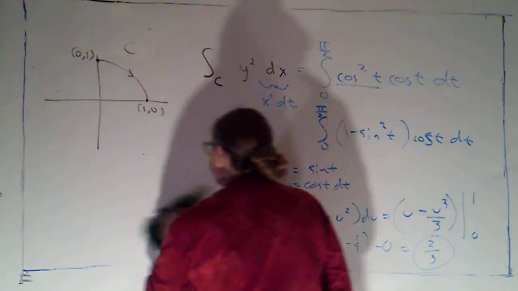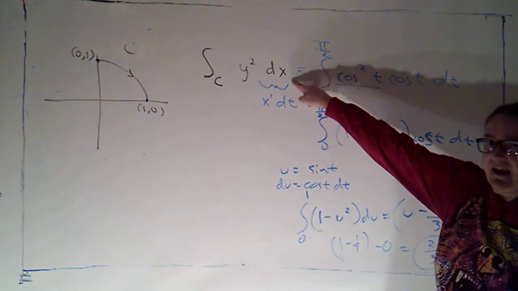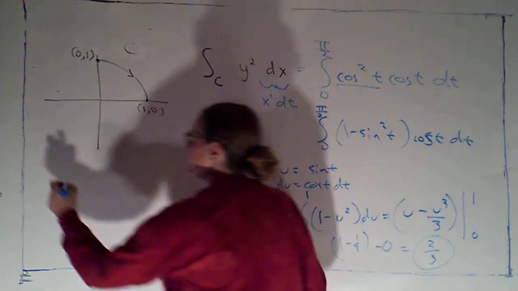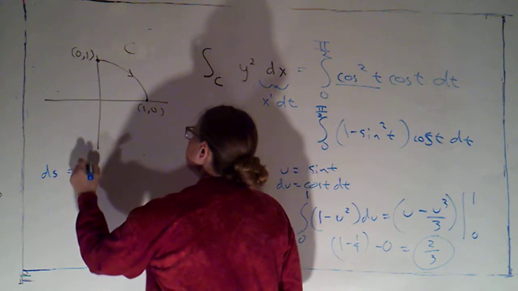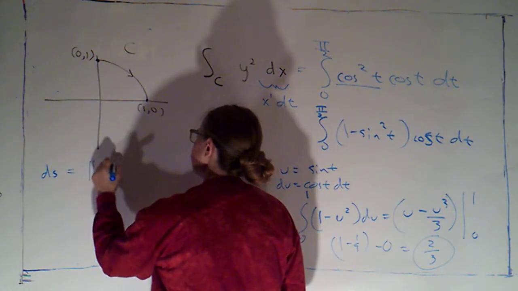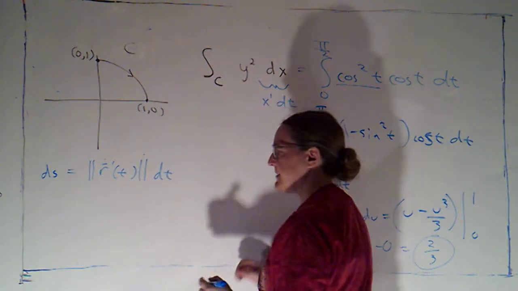Okay. Now, let me just summarize again the scaling factors that we can have. So if I'm doing a line integral and I'm integrating with respect to s, the scaling factor is going to give me the magnitude of r prime of t dt.